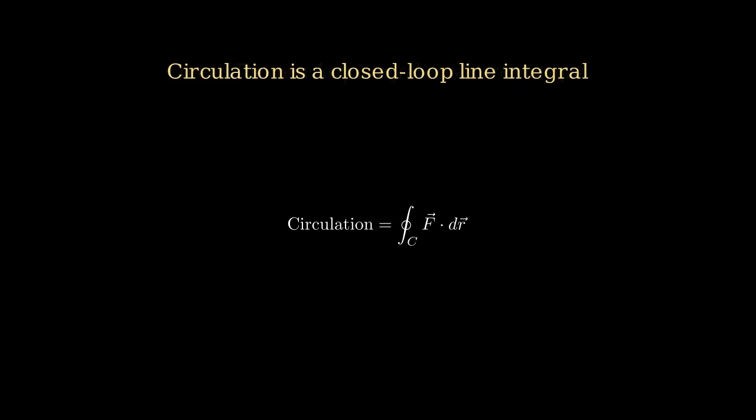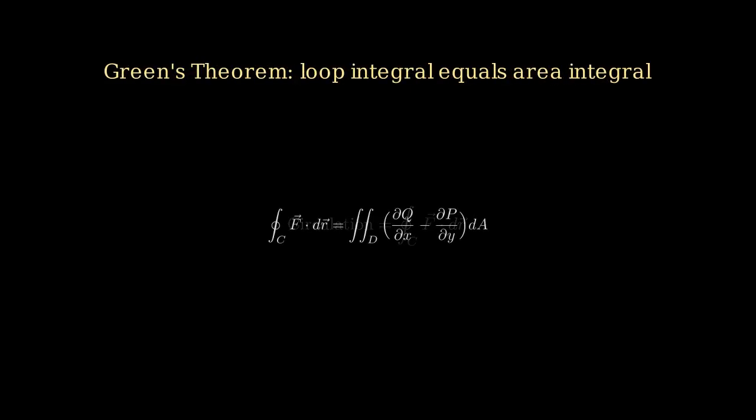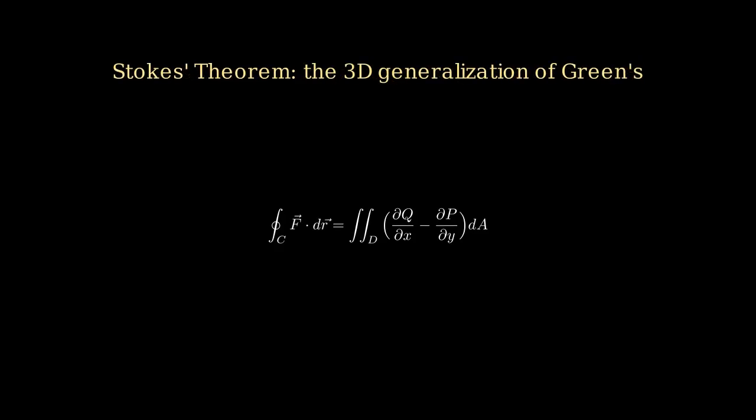Green's theorem, 2D form, the closed-loop integral over C of F dot dr equals the double integral over D of open bracket curly dQ by curly dx minus curly dP by curly dy close bracket dA. Stokes' theorem, general form, the closed loop integral over C of F dot dr equals the double integral over S of curl of F dot dS.